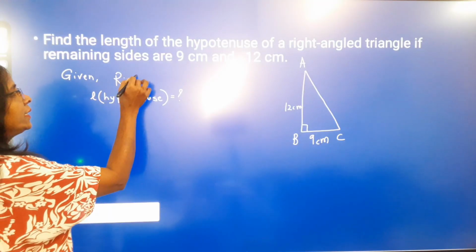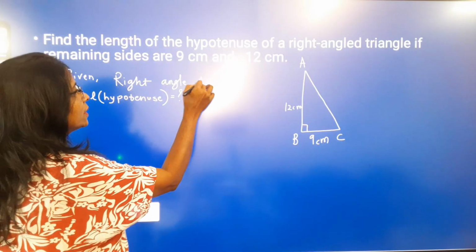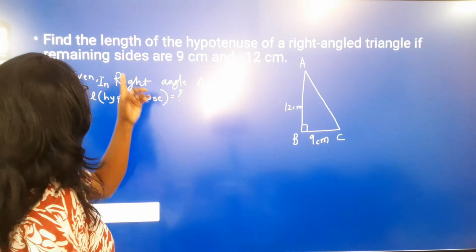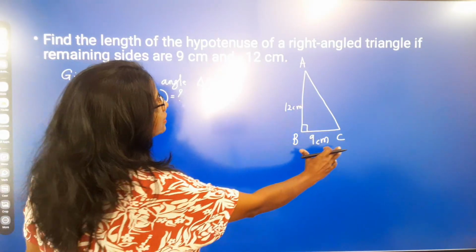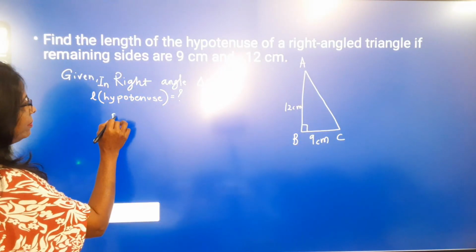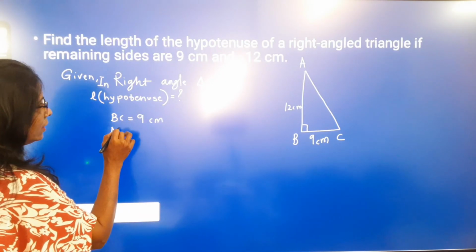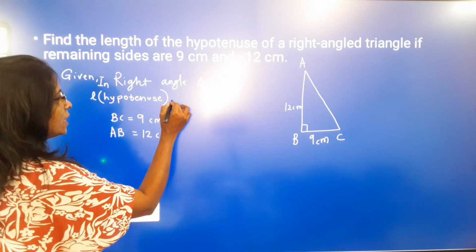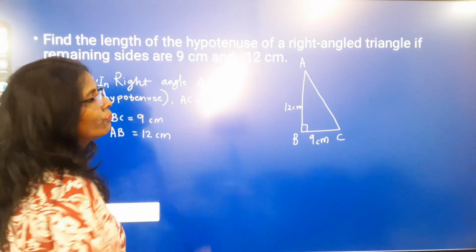In right angle triangle, the remaining sides are 9 centimeter and 12 centimeter. So here I write that BC is equal to 9 centimeter, AB is equal to 12 centimeter, and the hypotenuse, that means I write AC. AC is equal to question mark.